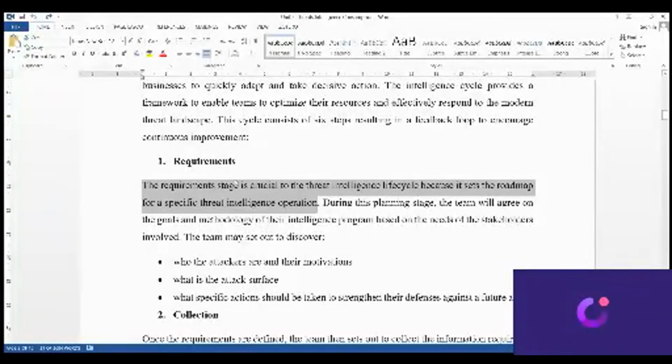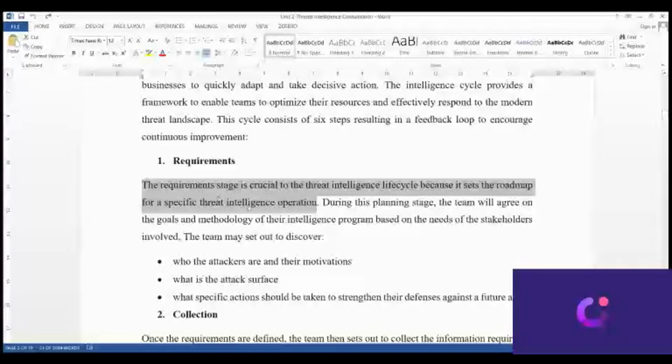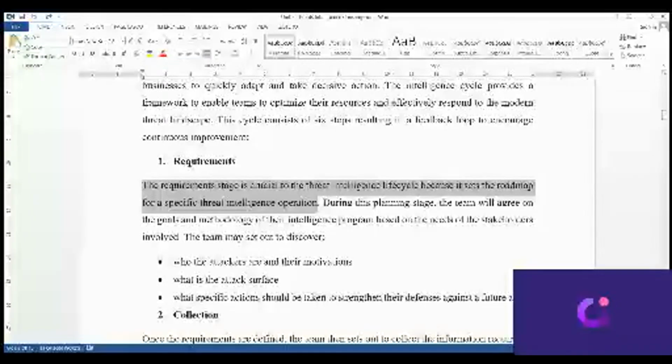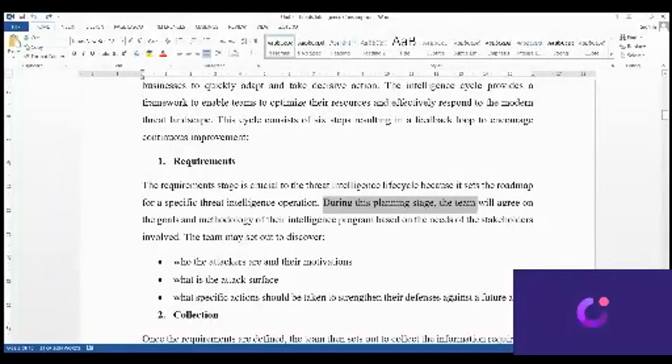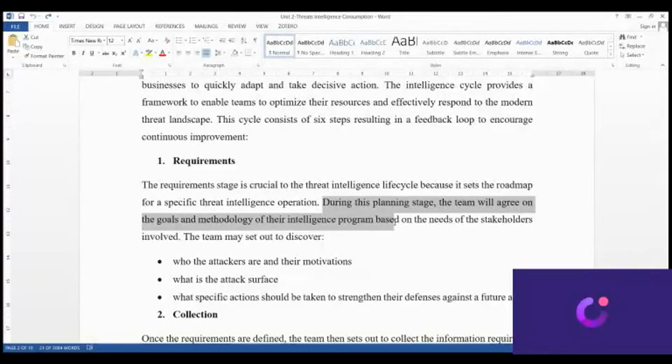During this planning stage, the team will agree on the goals and methodology of their intelligence program based on the needs of the stakeholders involved. The team may set out to discover the following: who the attackers are and their motivation, what is really motivating them.